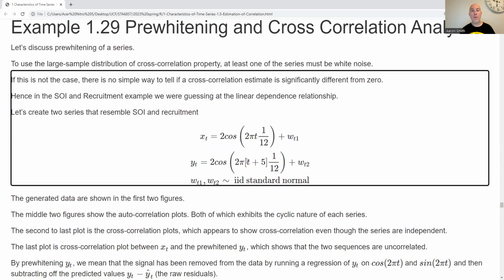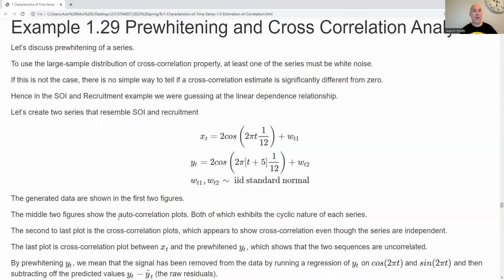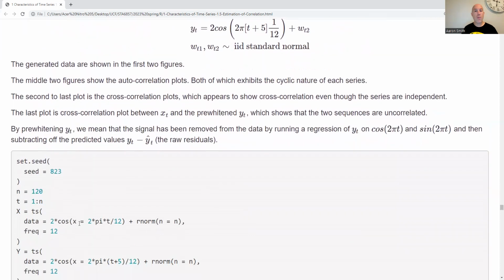Y is a shifted cosine once again plus white noise. We're using Gaussian white noise, standard normal, for this example. So let's generate two time series off of this and look at these plots.